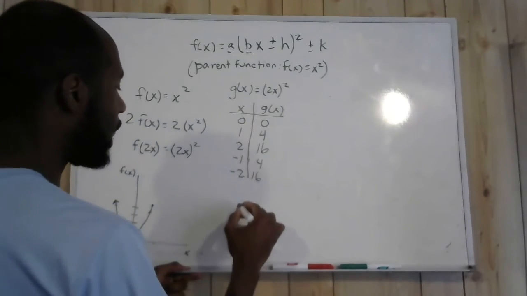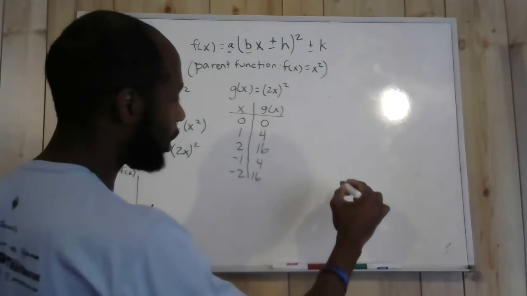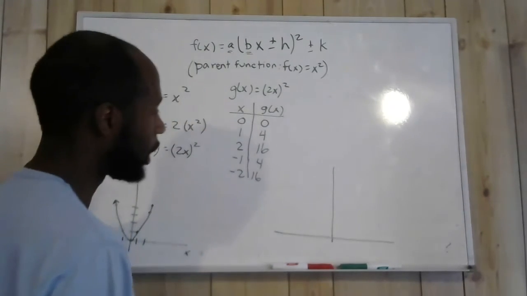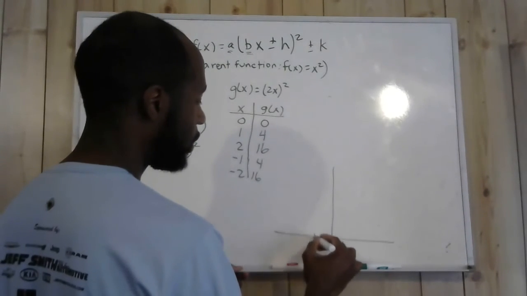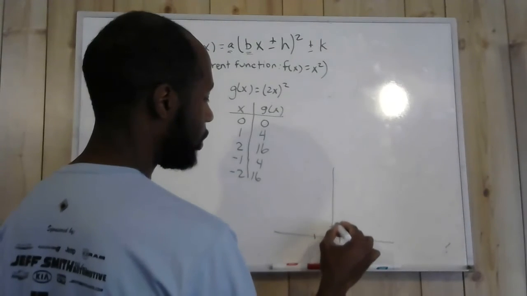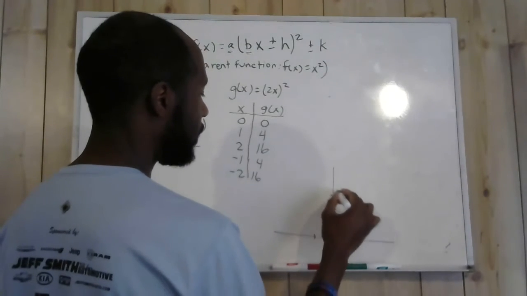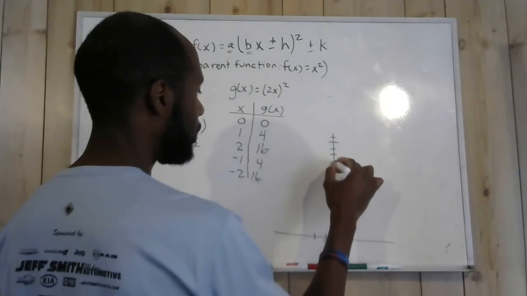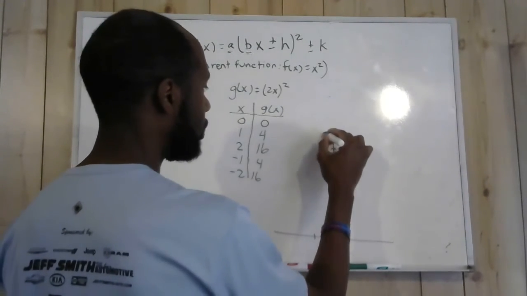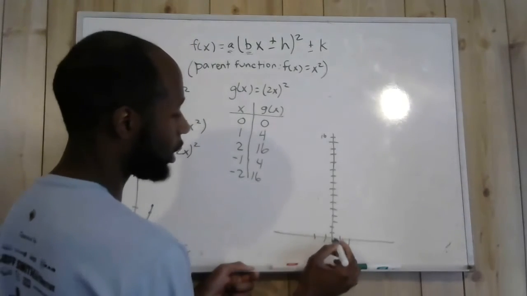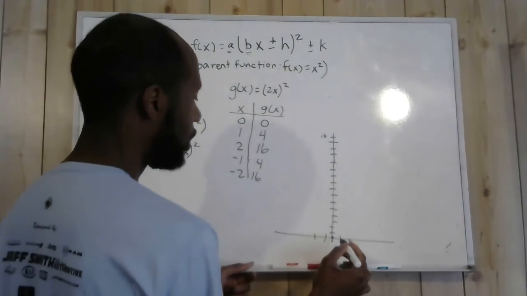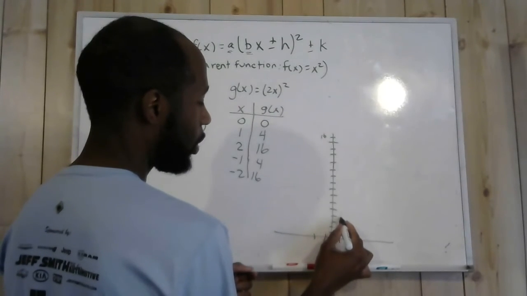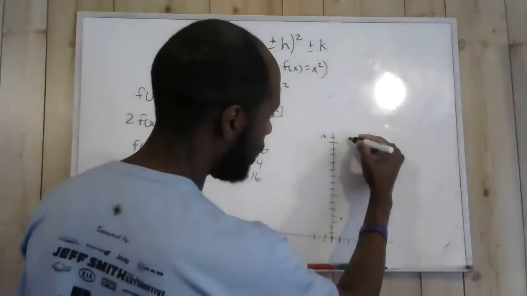So graphing that, let me make sure I'm not around that glare. Okay, so 1, 2, 1, 2, 1, 2, 3, 4, 5, 6, 7, 8, 9, 10, 11, 12, 13, 14, 16. Okay, so the origin is here. Then that 1, 1, 2, 3, 4, and then that 2 is all the way up here at 16.